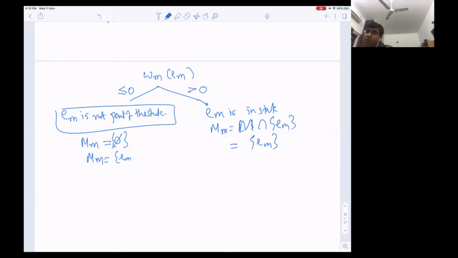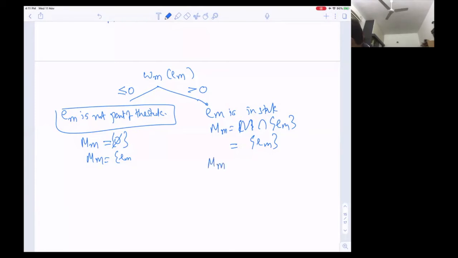Recall, how are you making your matching algorithm? You go greedily in the stack order, right? So whichever is the last element which has been put inside the stack, that is part of every matching you took. You will take that element because you start from that edge, because at that point of time you have an empty matching. So none of the edge endpoints of this first edge is part of anything, so you will pick this up.